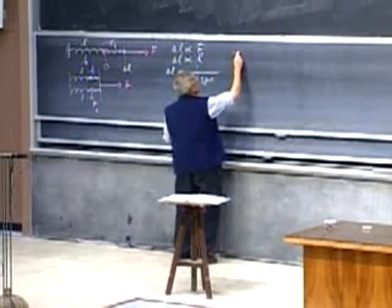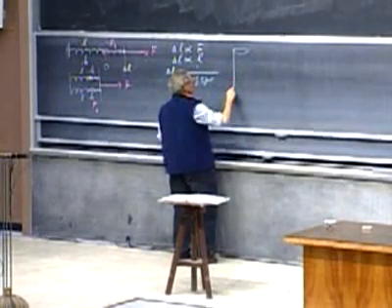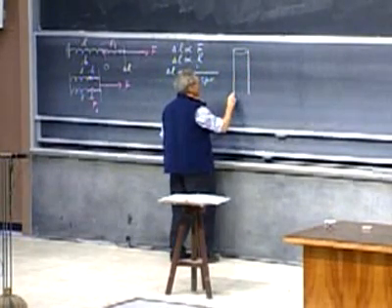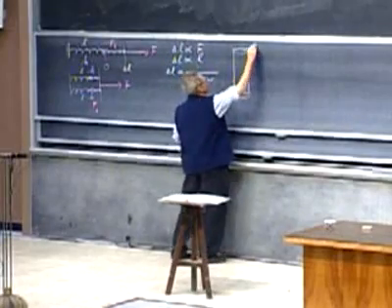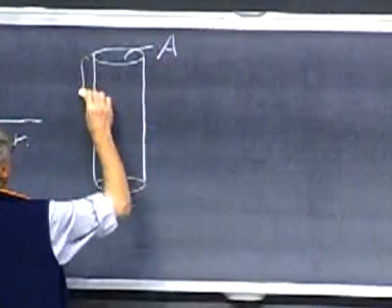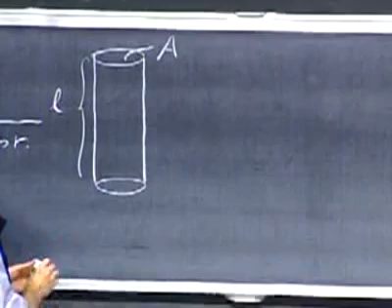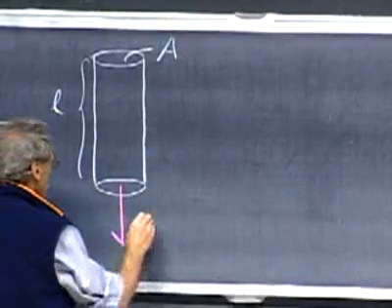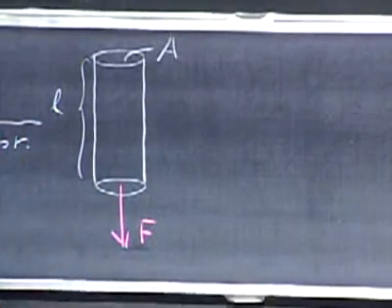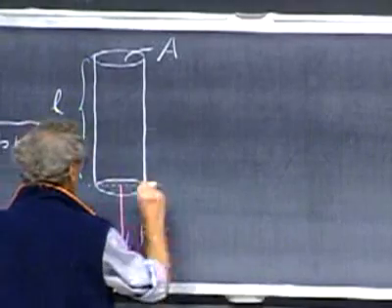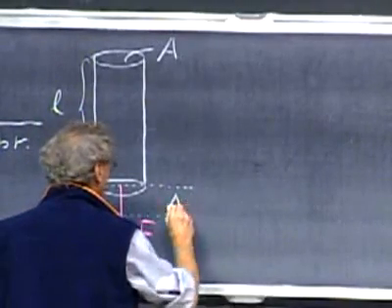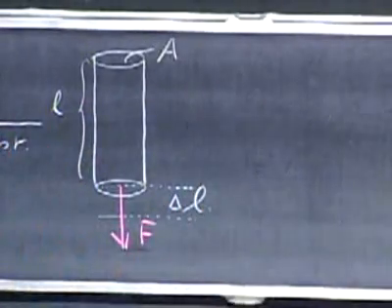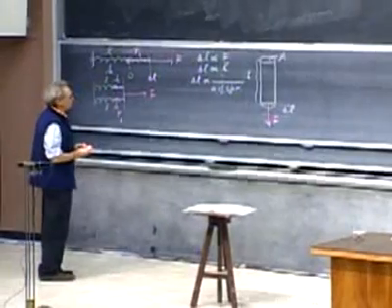Now I'm going to use a rod or a wire which has cross-sectional area A and length L, and I'm going to apply a force here. As a result of that force, it will get longer by a certain amount, delta L, exactly like the spring.